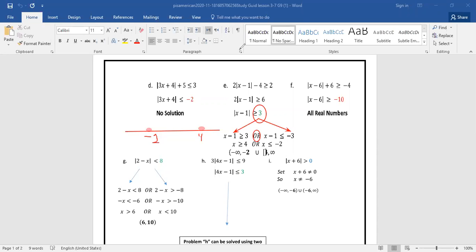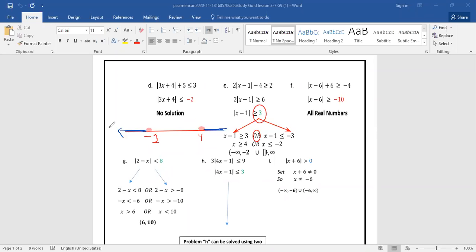Then we are going to shade for the first one. If x is more than or equal 4, we have to shade to the right side. Agree with me? And what about this one? We will move to the left. To the left side, there is no last point.